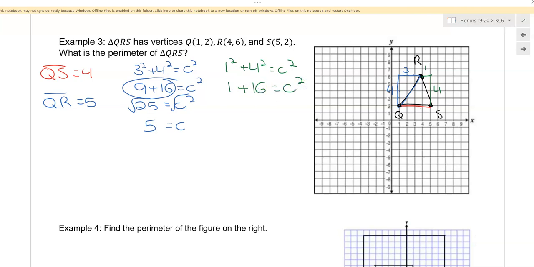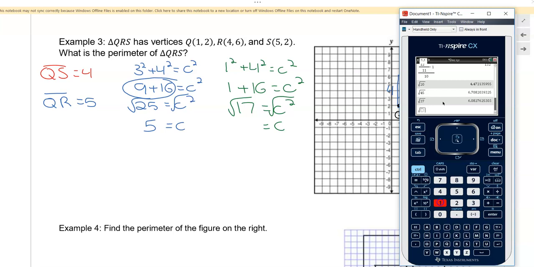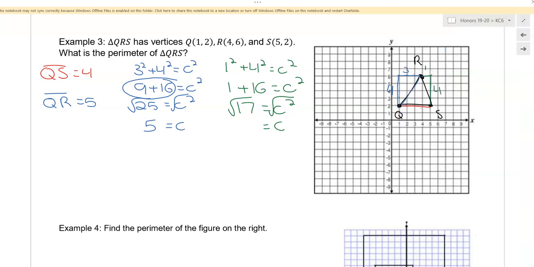Right? 1 squared is 1, 4 squared is 16. And then 1 plus 16 is 17. I will want to use my square root here. 4 point something. Oh, 17. Oh my gosh. Sorry. 4.12. Okay. So that was R to S.